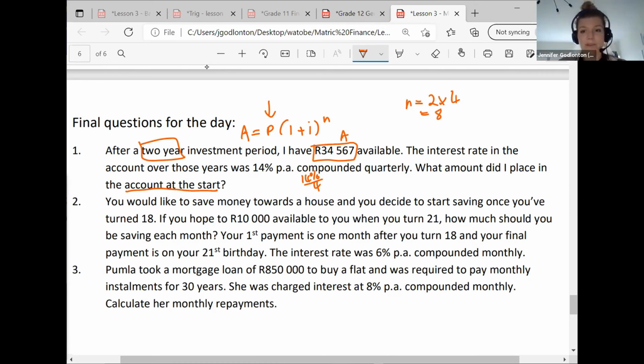Okay, well done, Mbali, for seeing that it was a compound. So you can chuck that all into your formula and you can find your P value. And once you have a P value, you can chuck it into the comments for me.